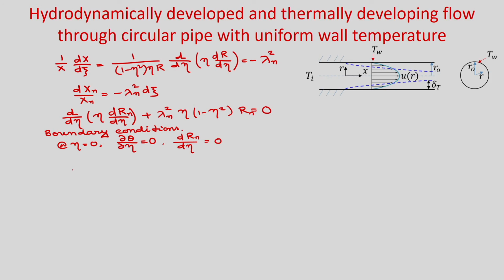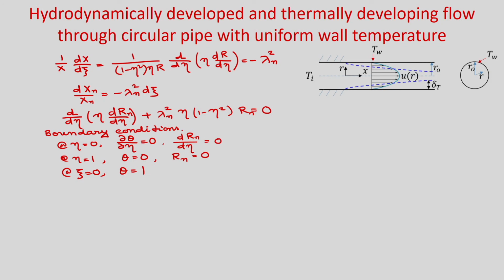And at eta is equal to 1, theta is 0, that means if theta is 0, R n should be 0 at eta is equal to 1. And at xi is equal to 0, theta is equal to 1.